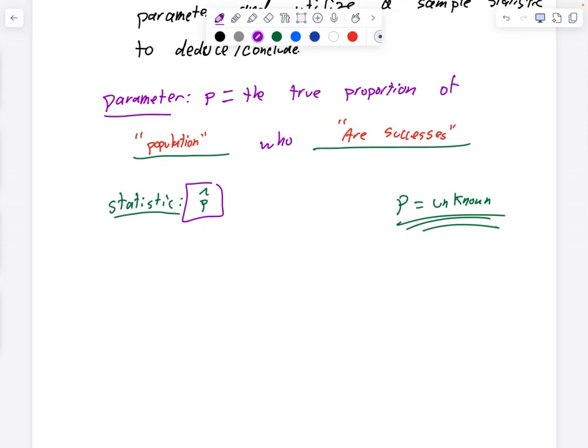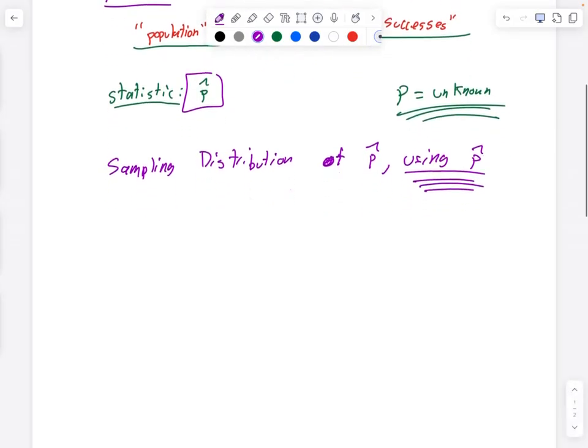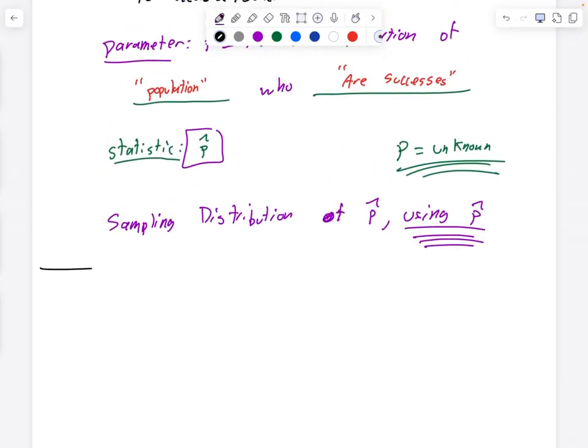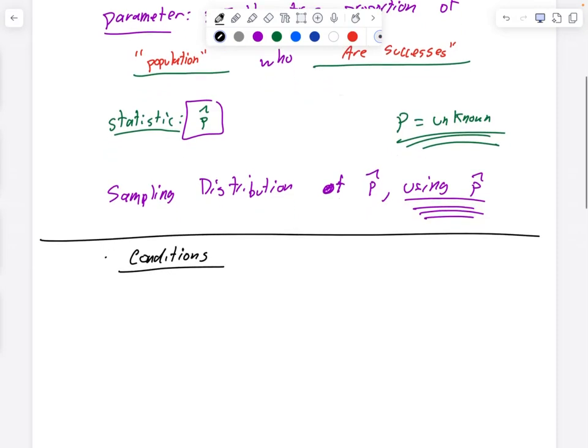So we're going to use the sampling distribution of P hat, using P hat conditions that we need to check. Number 1, this sample is random. Now, are we able to take a perfectly random sample?